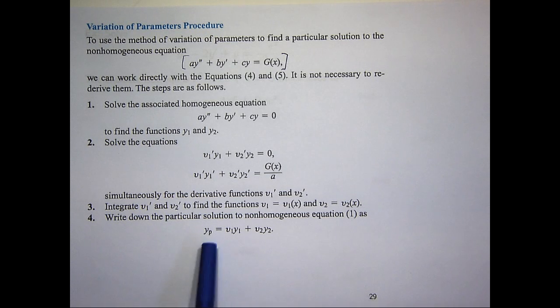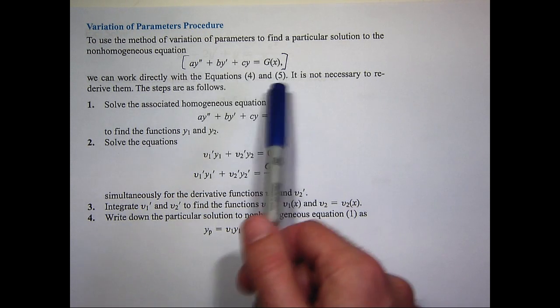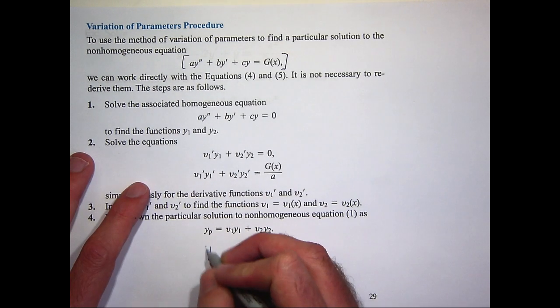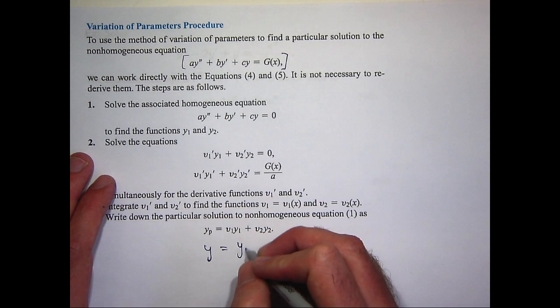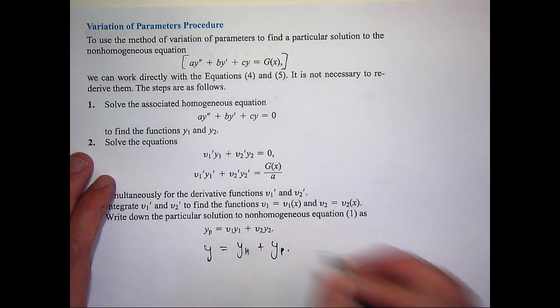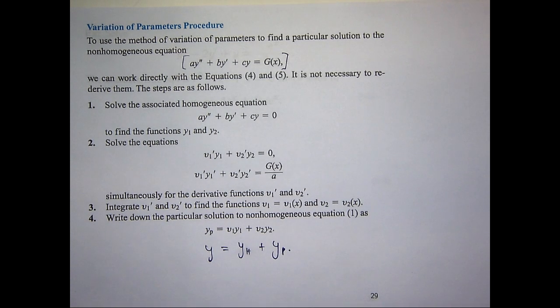So you find these coefficient functions, v1 and v2, and then the whole solution would be the solution to the homogeneous part plus the particular solution to the non-homogeneous problem. But that's a lot to remember. I don't expect you to derive these things in an exam. You'll be given a formula for this. All you really need to do is calculate v1 and v2 from that formula. So let me show you how it works in practice.